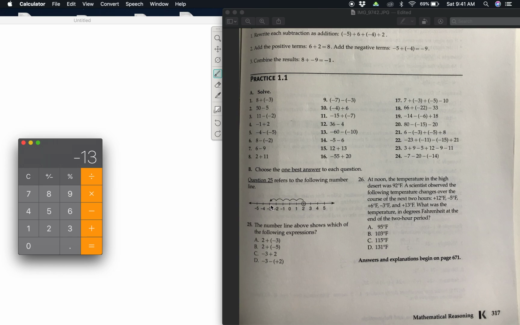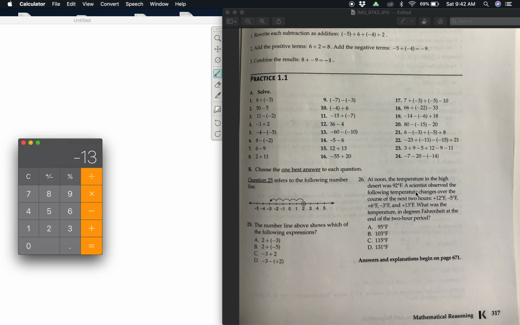So it must be that one, but it's actually not, because you have to start from the 2 and count all the way down here. How many times does it go over to the negative side? 1, 2, 3, 4, 5. So it's positive 2 plus negative 5, not negative 3. So the answer is B here.